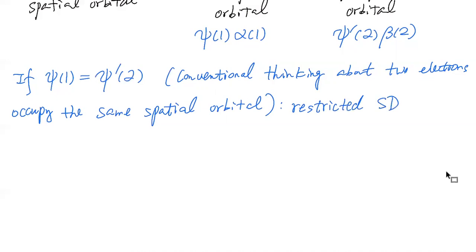But they don't have to be the same. Actually, if you do a variational treatment, you're minimizing the system energy with respect to the shape of your spatial wave function, of your spatial orbital. Then in a lot of cases, psi 1 is not necessarily equal to psi 2.